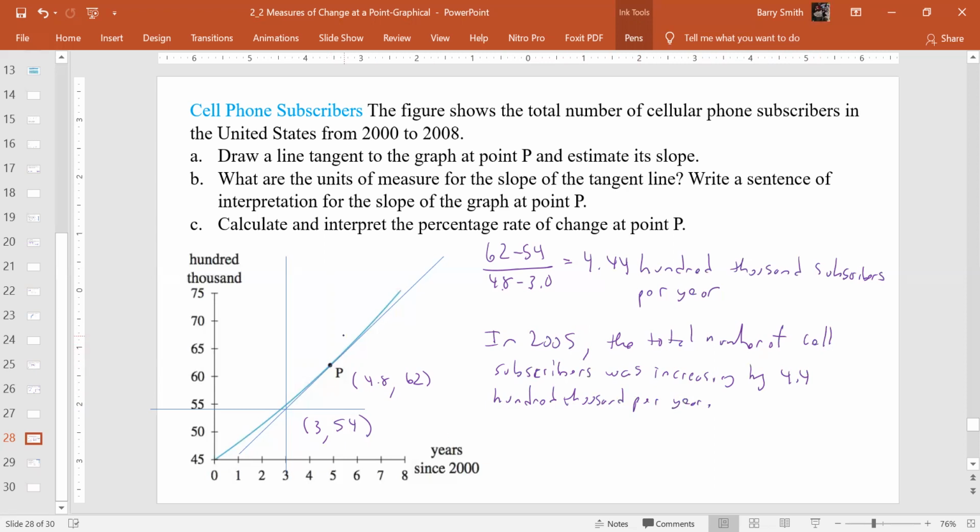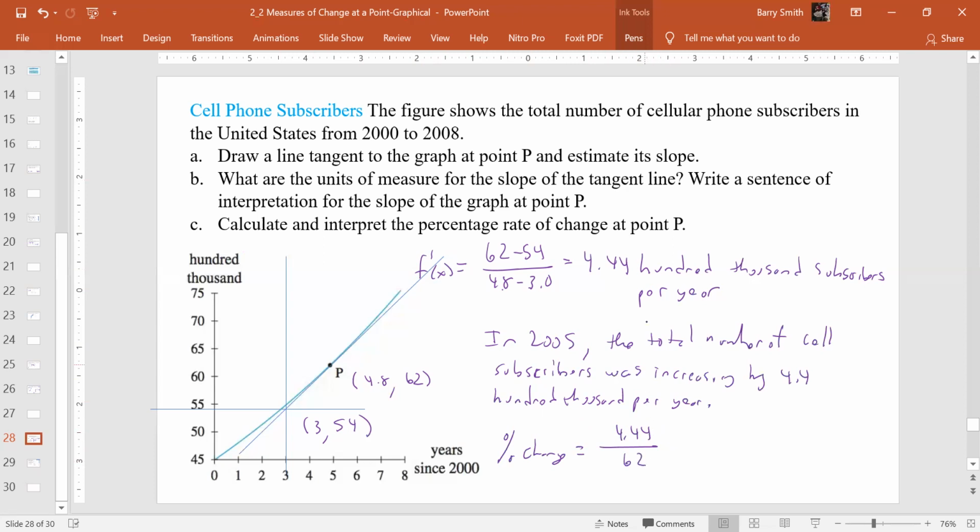Okay. Now calculate and interpret the percent rate. Okay, well that's going to be percent change is what I'm going to label it as to keep some time down. And so that's going to be our 4.44, this, because remember, this is really your f prime of x now, or whatever we're using for our units, but f prime of x. And that's going to be divided by the original, which we said was 62.